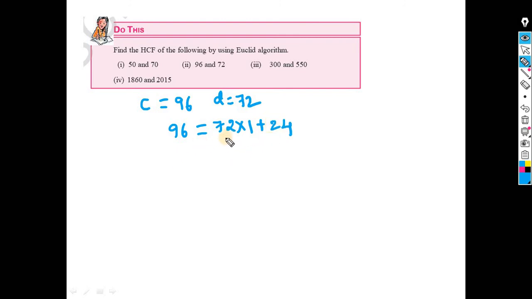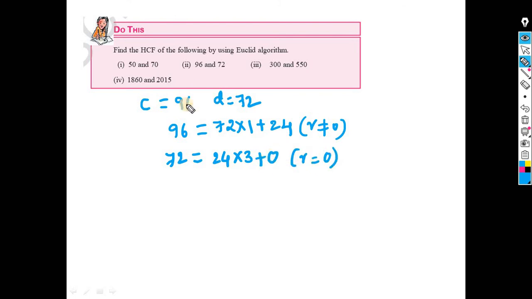Now the R value is 24, which is not equal to 0. You have to derive this formula till you get the remainder 0. Now I write 72 is equal to 24 into 3 times plus 0. So the remainder is equal to 0.